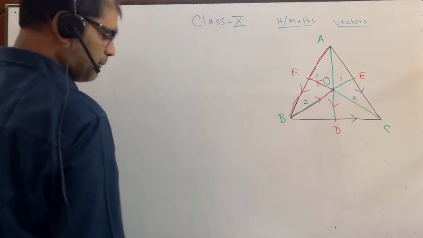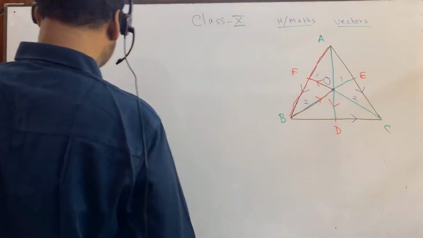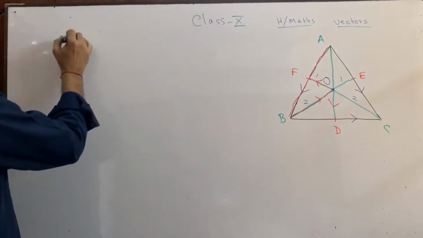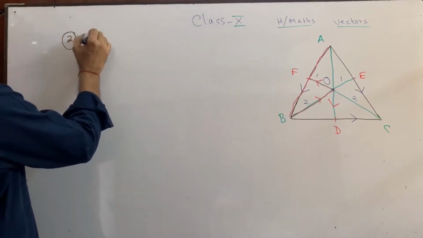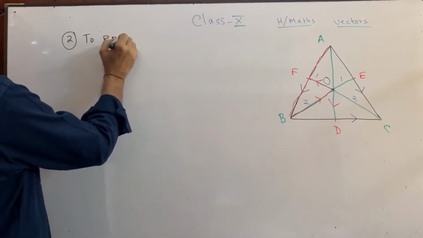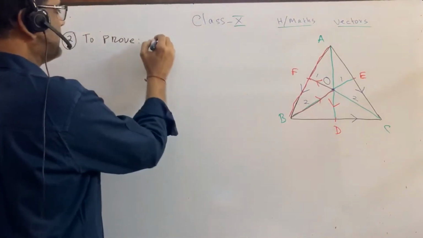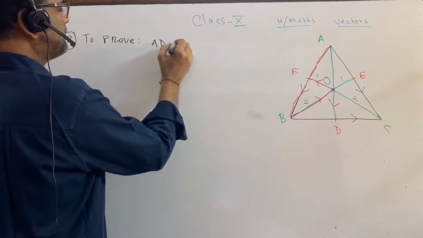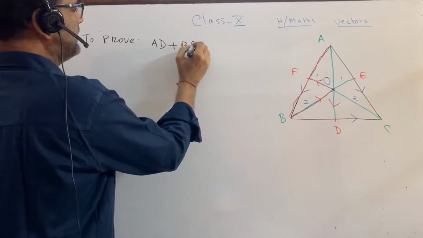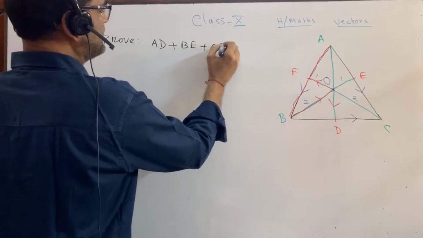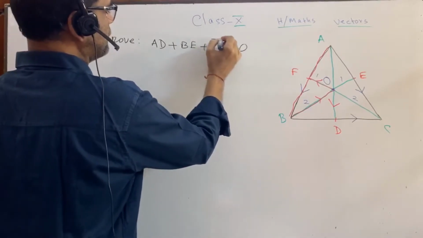Now, in the same question, question number 2, very, very important, we have to prove that AD plus BE plus CF is equal to 0.